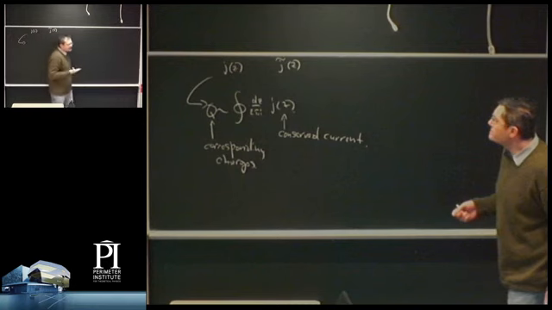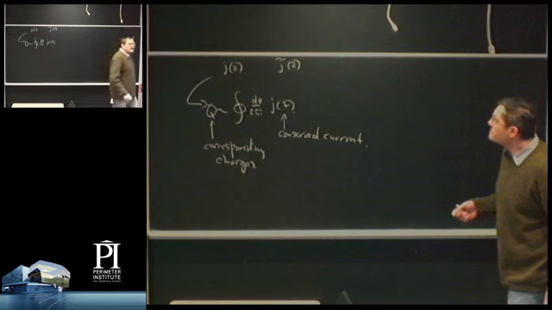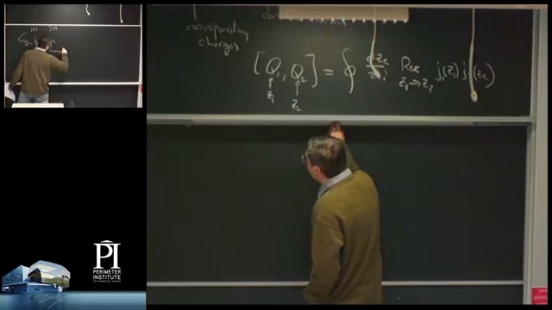What we showed is that once we have a conserved current, we can construct conserved charges by simply evaluating a contour integral dz over 2 pi i, and so that produced for us conserved charges.